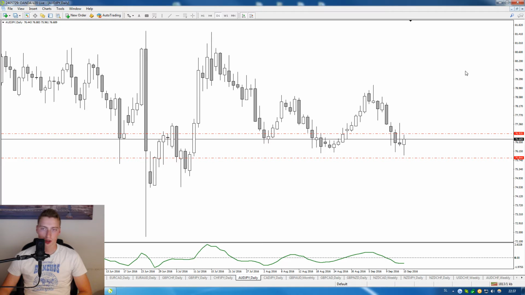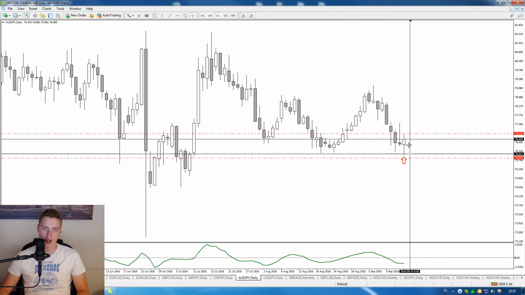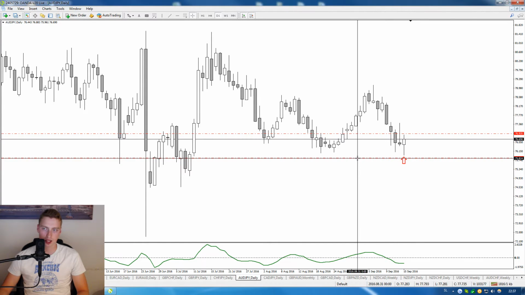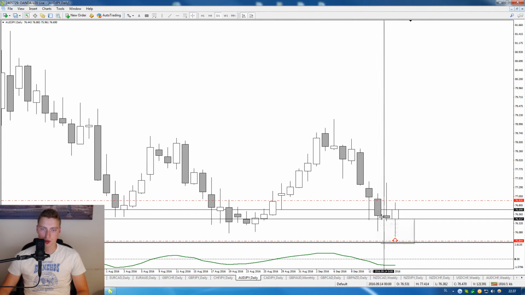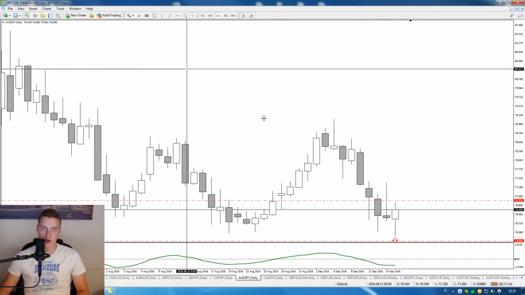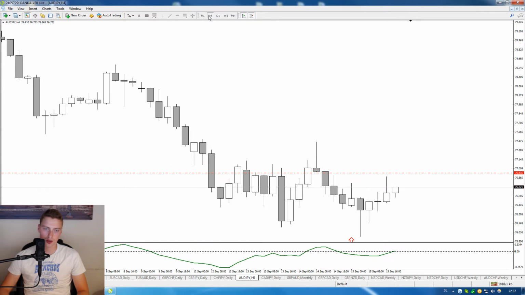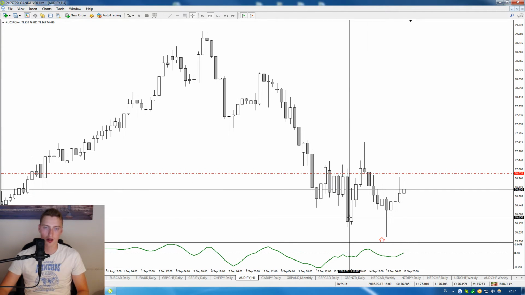Okay, so I will be entering Aussie yen in 15 minutes when the daily candle closes. I will put a buy limit above this candle high and a stop loss below this candle. We can clearly see some sort of weakness in this candle. We can probably see 4-hourly divergence as well.